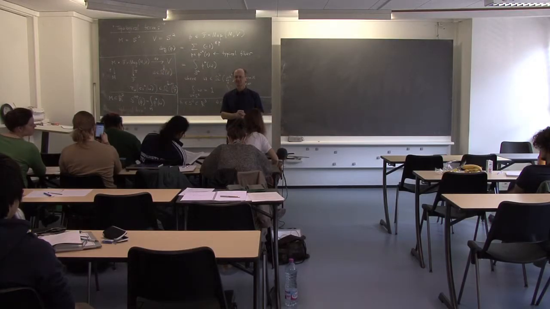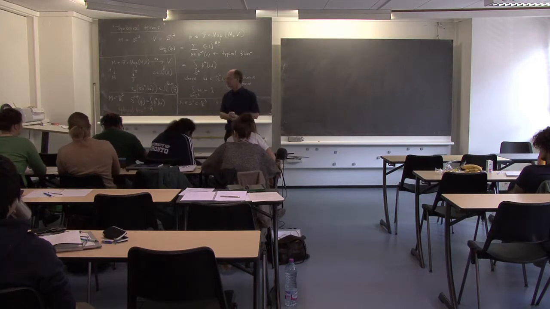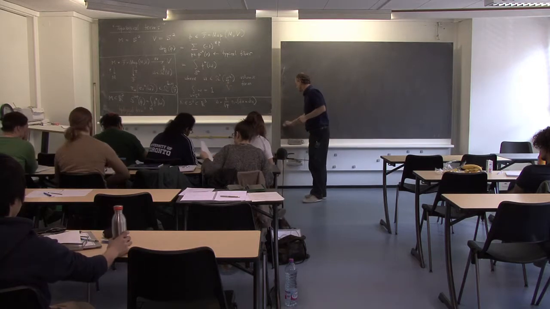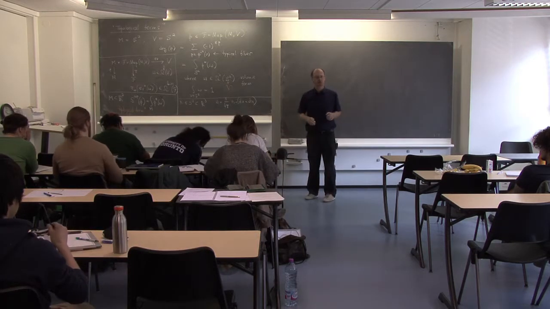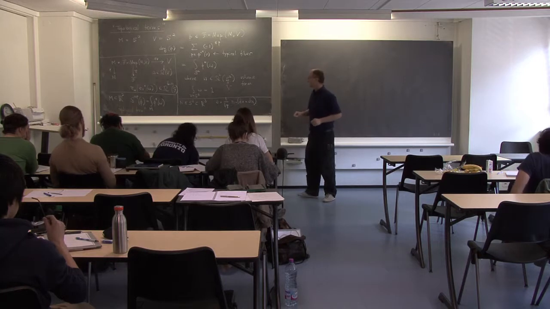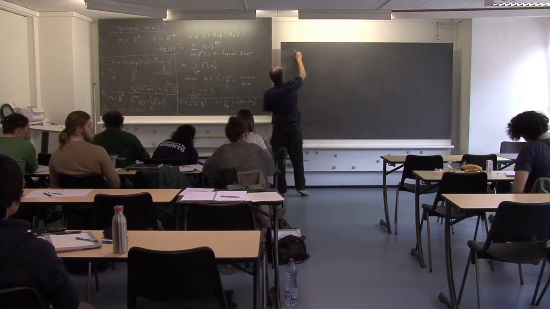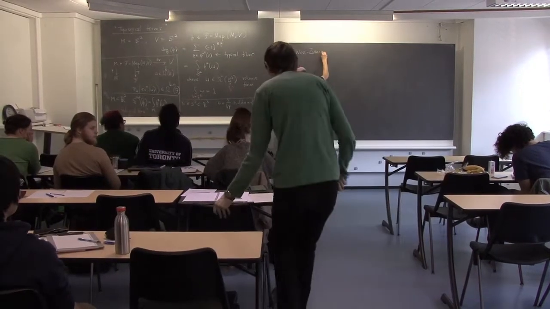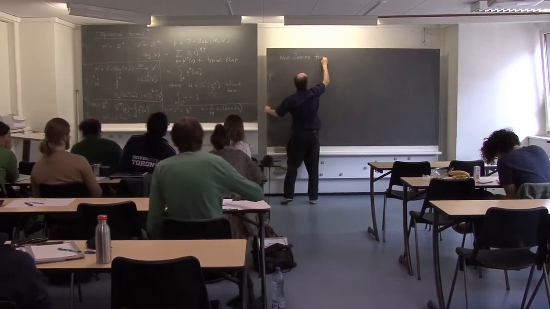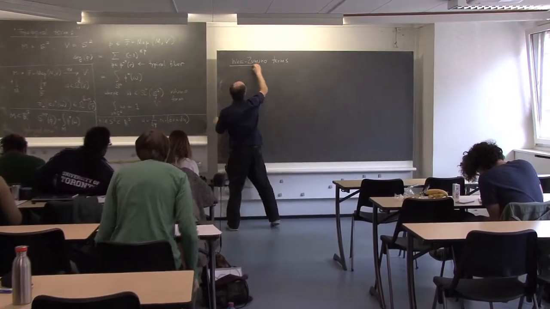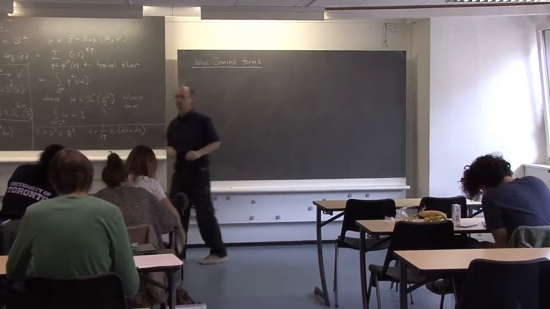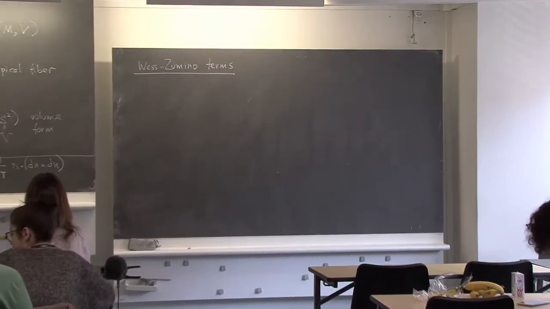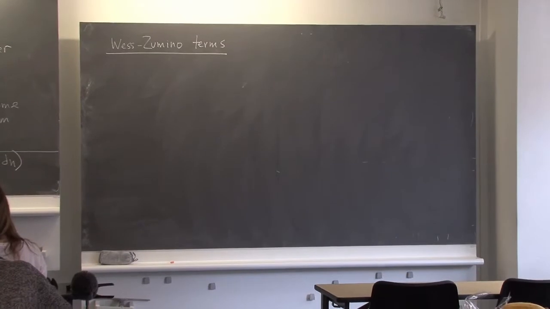All right, so let's continue. I would like to show you one more interesting way to build functionals on the space of fields. So this is called Wess-Zumino terms. Again, this is a functional that you typically add to some kind of nonlinear sigma model.